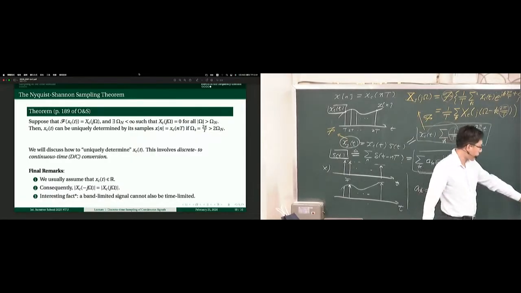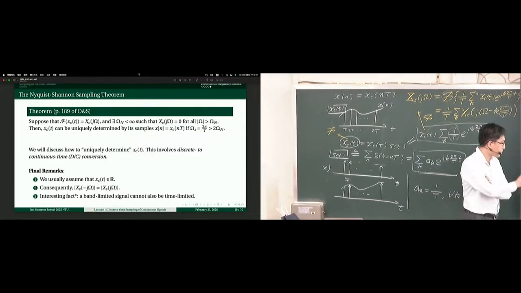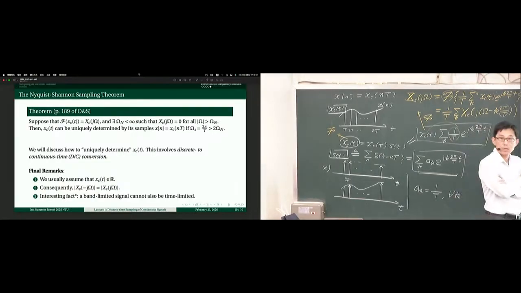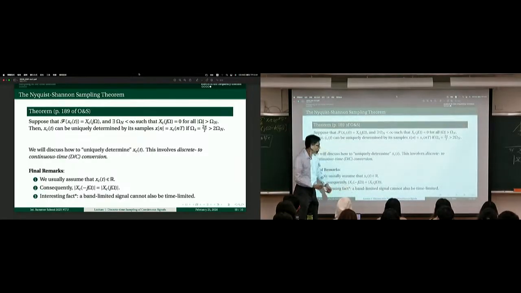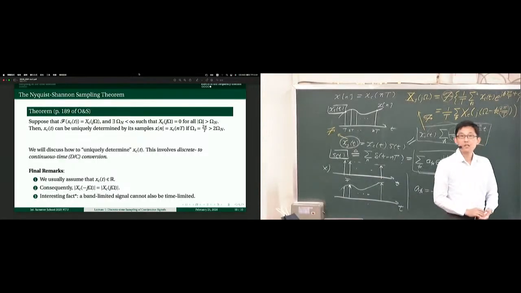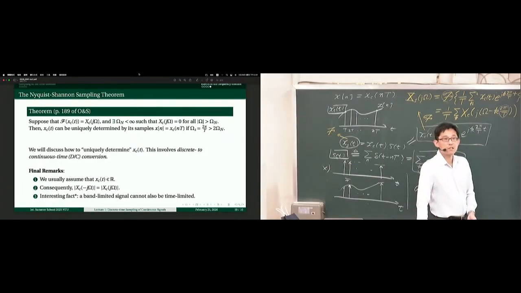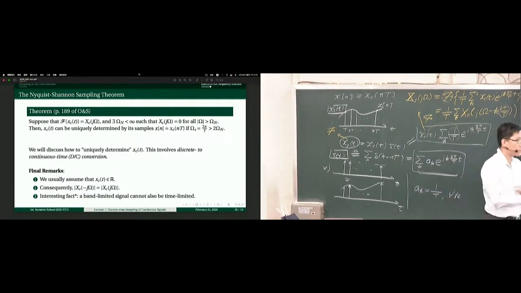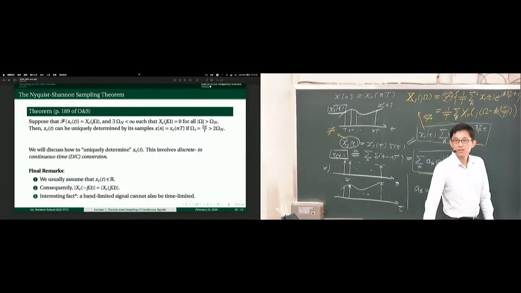But I have an interesting, somewhat subtle point to make. Turns out that mathematically, any band-limited signal cannot also be time-limited. A signal cannot be both finite in frequency and finite in time. Any band-limited signal has to extend infinitely in time.